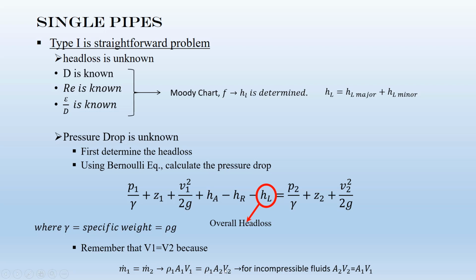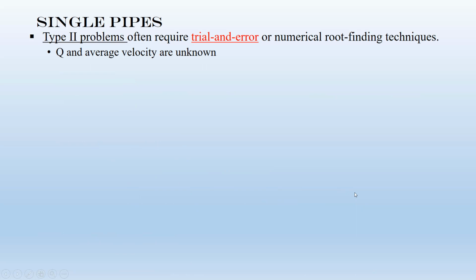If we assume that we have an incompressible fluid, you can cancel densities, and then you can simply cancel the velocities in this equation. So keep in your mind that for the single pipe with incompressible fluid or constant density, you can simply cancel the velocity term in Bernoulli equation. Okay, this is the easiest one, straightforward.